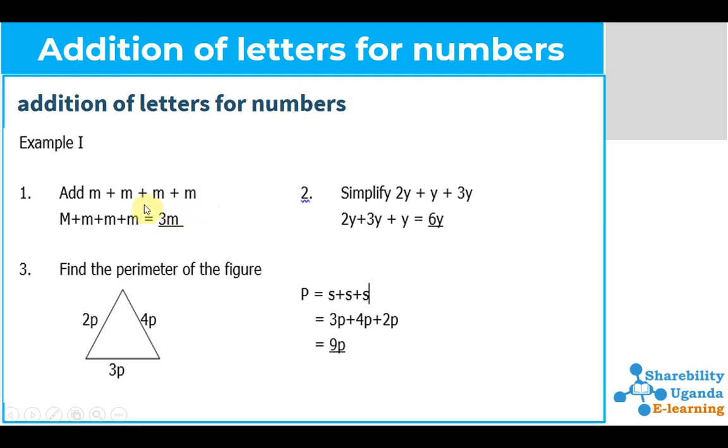You just add them and say this is one m, this is the second m, this is the third m, this is the fourth m. So when they tell you to add m plus m plus m plus m, you shall be able to get our answer here.